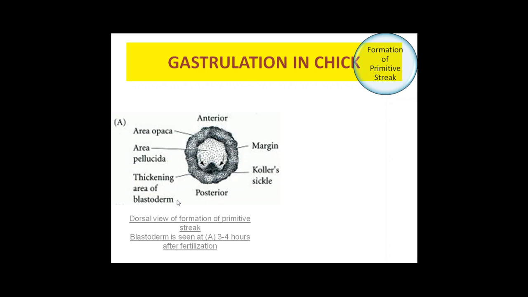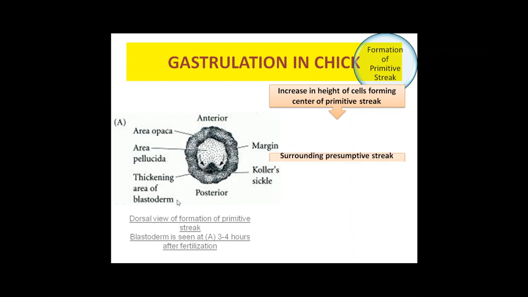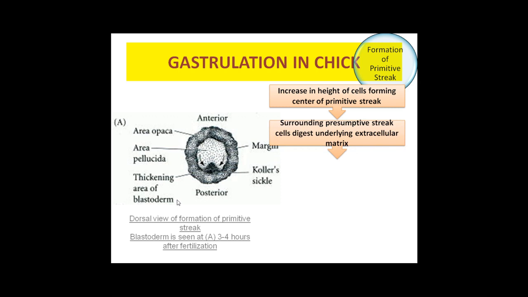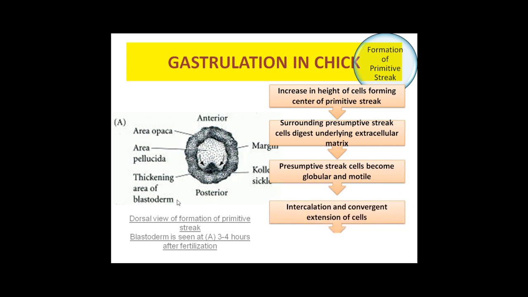This figure shows the dorsal view of formation of primitive streak. Blastoderm here is seen at 3 to 4 hours after fertilization. The thickening of primitive streak is initiated by an increase in height of cells forming the center of primitive streak. Then the surrounding presumptive streak cells digest the underlying extracellular matrix and become globular and motile.